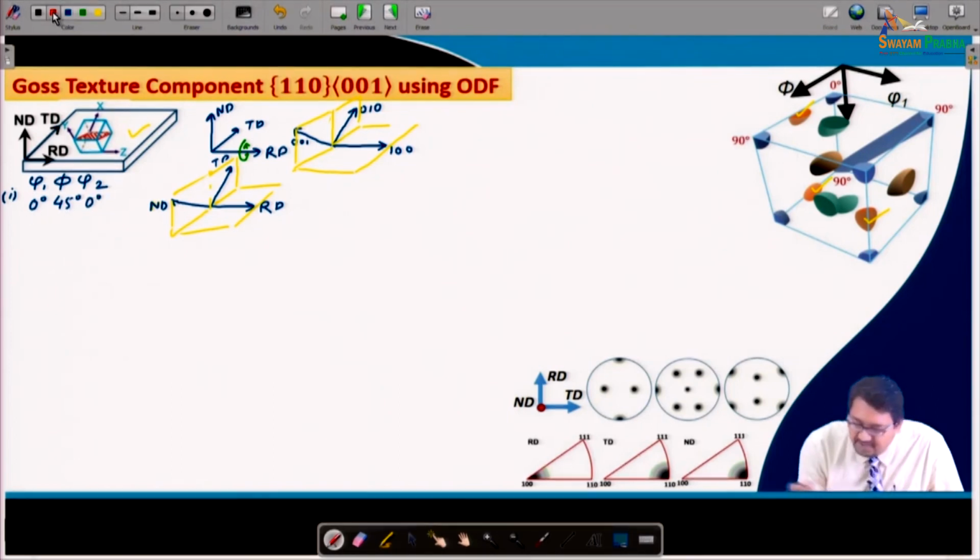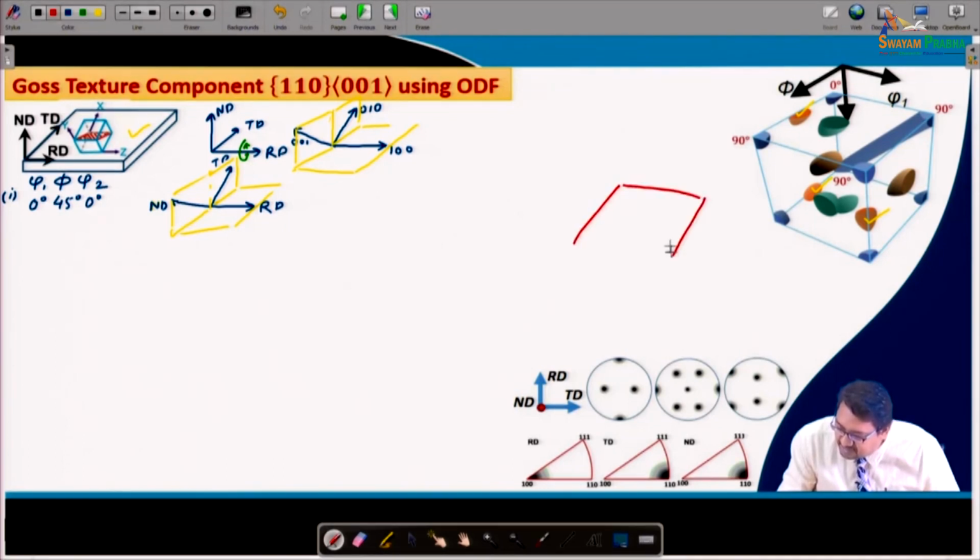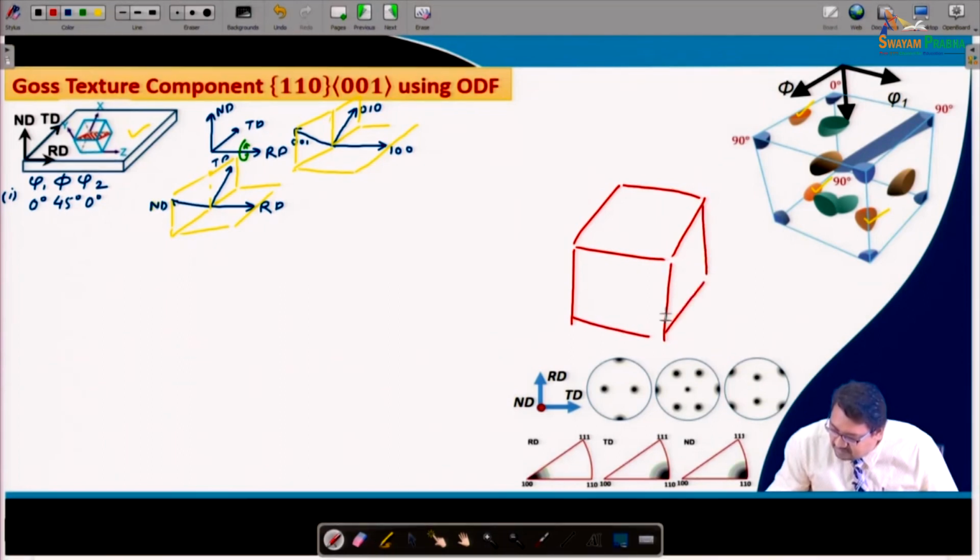Therefore, if we make the Euler space here again, 0 degree, 90 degrees, 90 degrees, 90 degrees, and this is phi 1, phi, and this is phi 2, right.